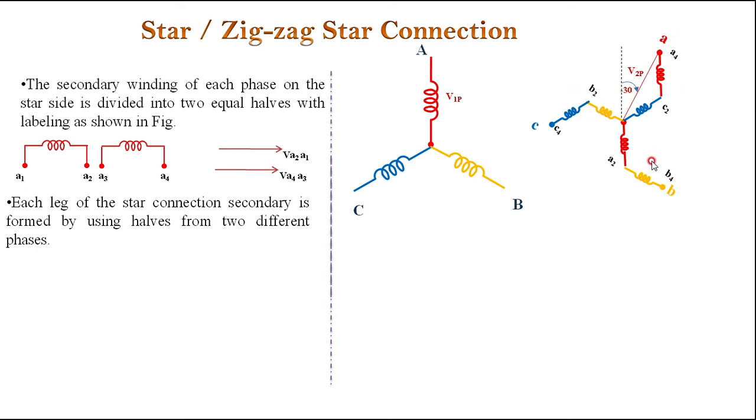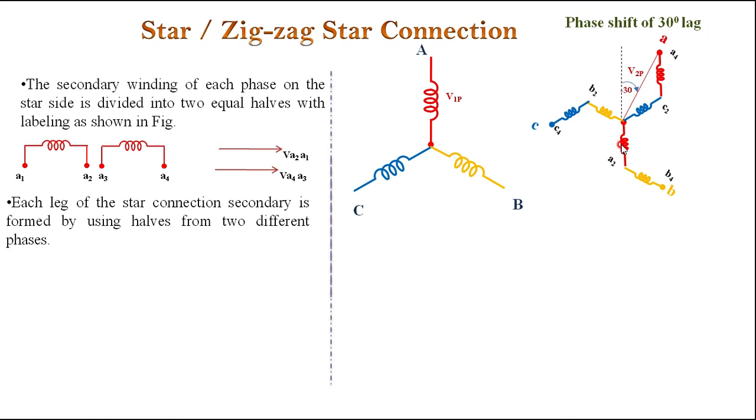In this particular combination, there is a lag of the secondary phase voltage with respect to the primary. Therefore, this connection is called a phase shift of 30 degree lag.